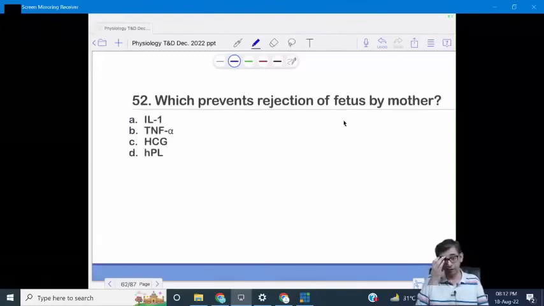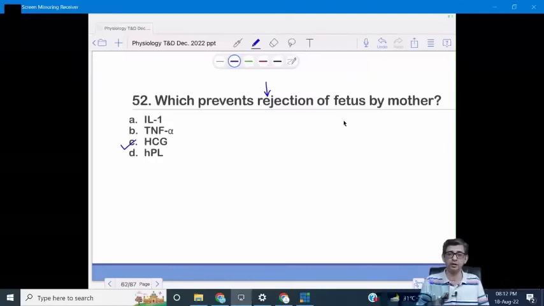Coming to 52, which of the following prevents rejection of the fetus by the mother? You see, the fetus is like a foreign body and it can get rejected also. But the physiology has ensured that it doesn't happen. If I say next, hormone related to pregnancy, the answer will become obvious. HCG, human chorionic gonadotropin, also prevents the mother's immune system from attacking the fetus.